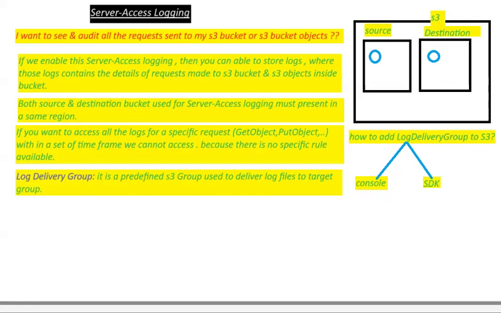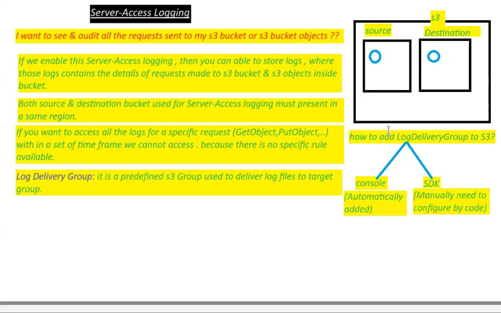Whenever you enable server access logging, the Log Delivery Group is automatically attached to S3. Whereas with the SDK, you need to manually write the configurations needed to add this Log Delivery Group to S3. Then only can you provide the permission to S3 to write the logs in the destination bucket.